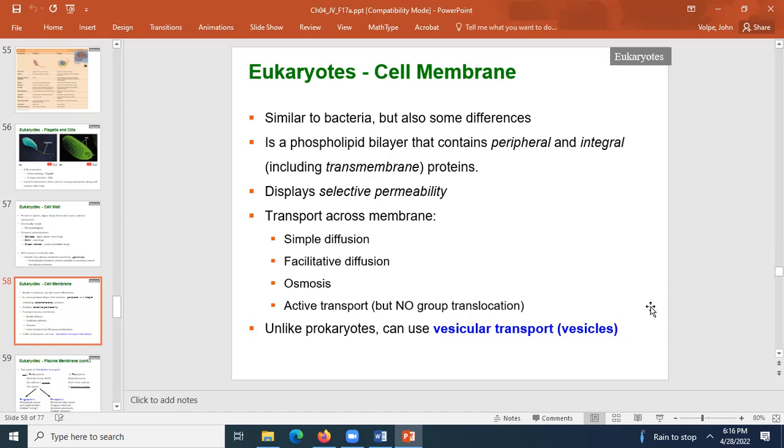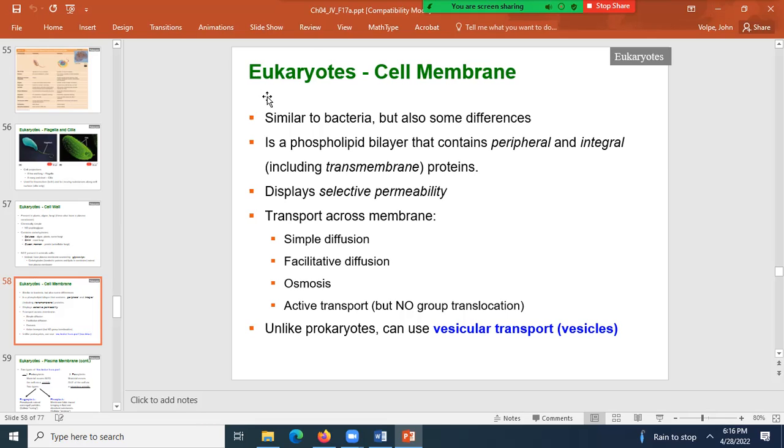The cell membrane does show selective permeability, and it can have transport across the membrane. In this sense, it's the same. It does have simple diffusion, facilitated diffusion, and osmosis, but it only has active transport. There is no group translocation across the cell membrane of a eukaryote.